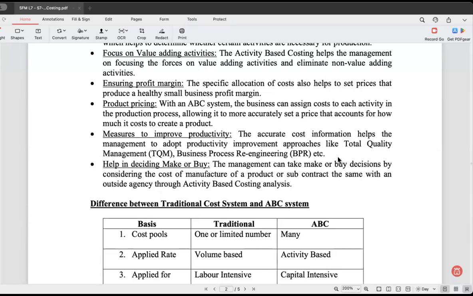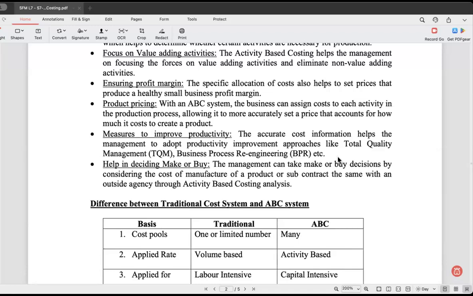Now, companies often outsource. ABC helps by calculating the true cost of making it. So if manufacturing a product in-house is cheaper compared to outsourcing, then you might as well manufacture the product or the materials inside the business.